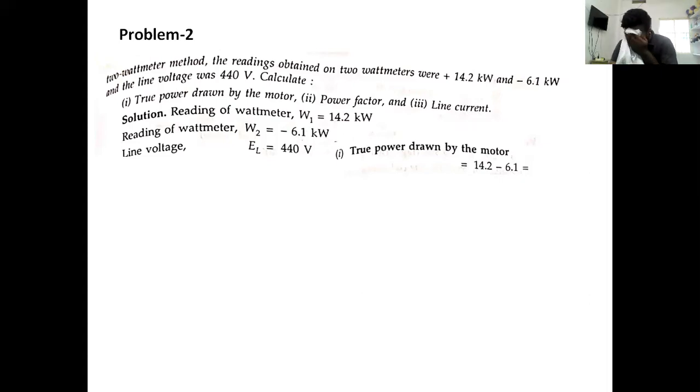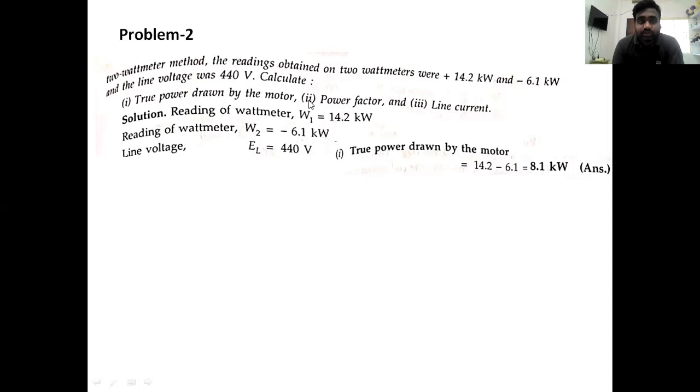What is the first answer related to true power? Just anybody respond. Someone posted in the chat box that it is 8.1 kilowatts. Right, 8.1 kilowatts. Thank you.